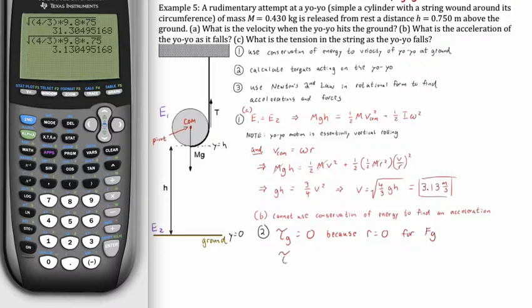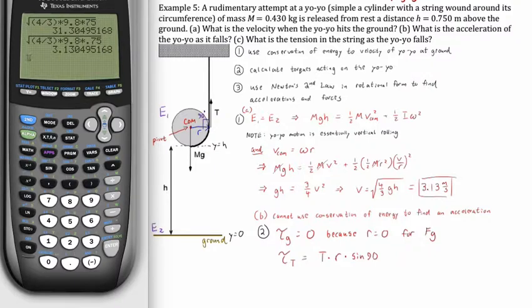So the torque caused by tension is going to be the tension force times the radius of our yo-yo, which we're using little r for, times sine of 90, right? How do we know it's 90 degrees? Well, if we look at the radius being right here, this being r, then we can see that the angle between r and T is 90 degrees.